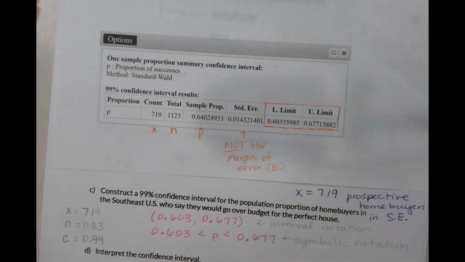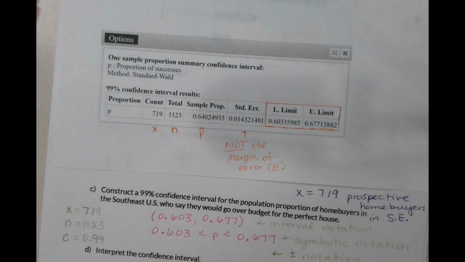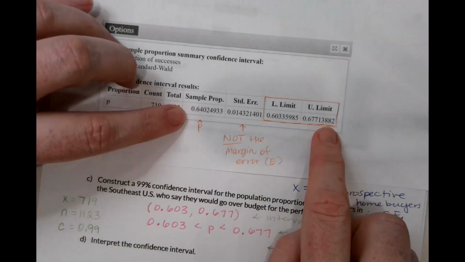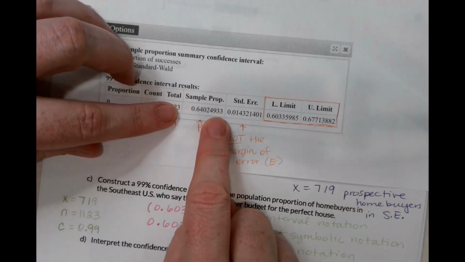And then remember, the third format is what I call the plus minus notation. And essentially that's our point estimate, and then plus or minus the margin of error, that E. So the easiest way to figure out, especially when you have the upper and lower limits and the sample proportion from StatCrunch.